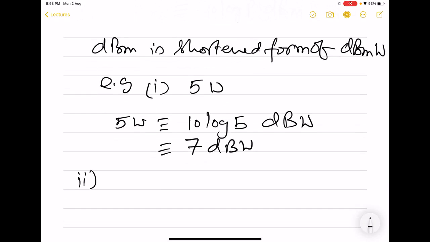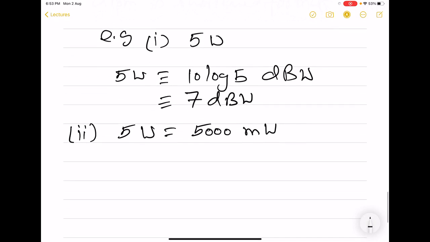But now suppose we want to express the same 5 watt into dBm. So first we convert this into milliwatt. Now once we have converted it into milliwatt, we convert 5000 into dB.